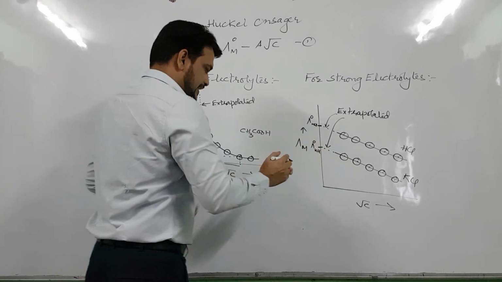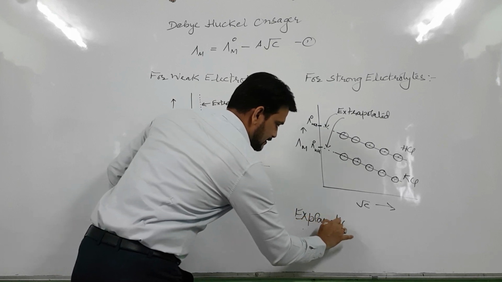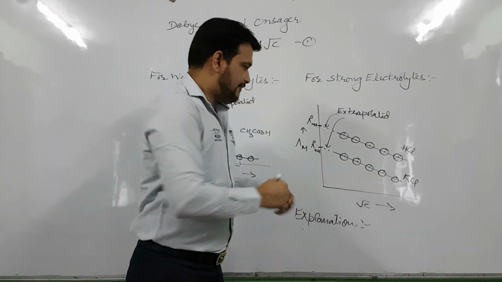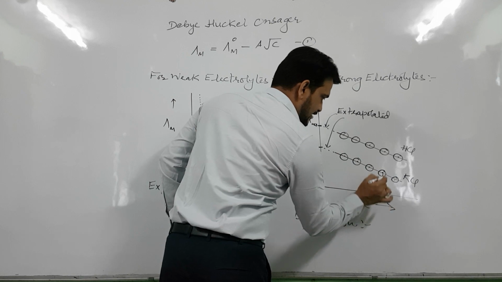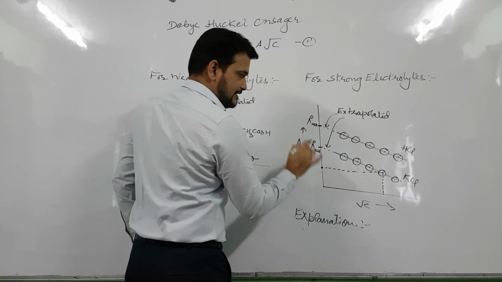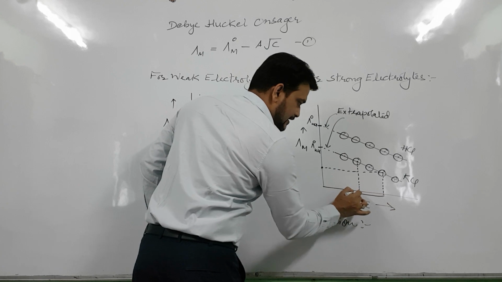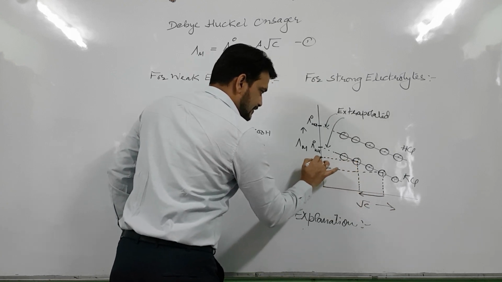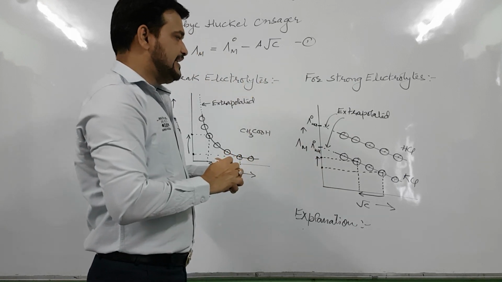And now here is the explanation for the behavior. Let us take this point, this is the concentration and this is the molar conductance, and when we take this other point, this is the concentration, meaning concentration is decreased, and the molar conductance is increased.